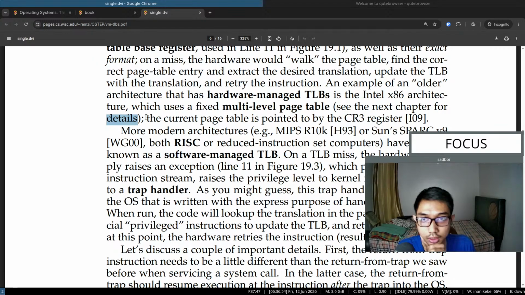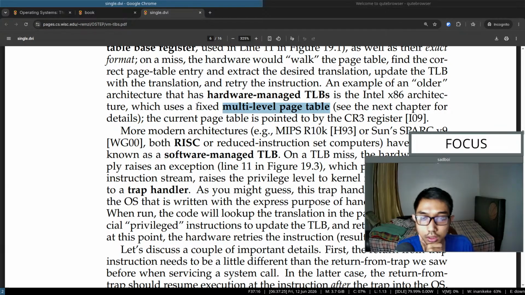The current page table is pointed to by the CR3 register. What is CR3 in here? We use a fixed multi-level page table.